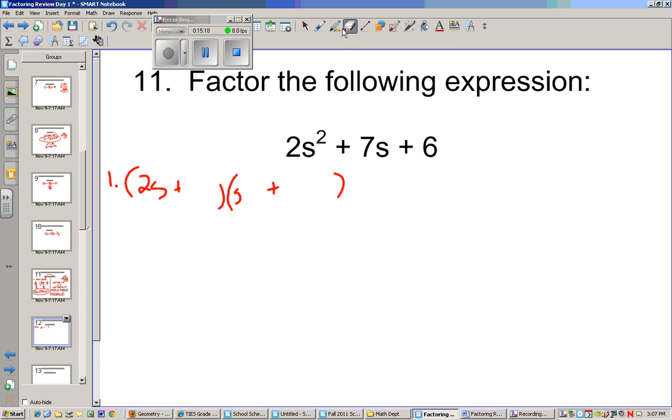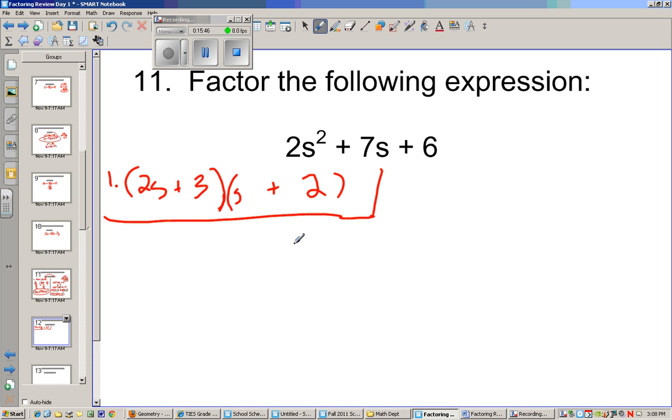So I'll have to do a 2 and a 3. So this is 6 plus 2. Now that's not going to work. This one looks good because it'll be 3s plus 2 plus 4s. All right, so 2s plus 3, s plus 2 is the correct answer. Great. That's guess and check.